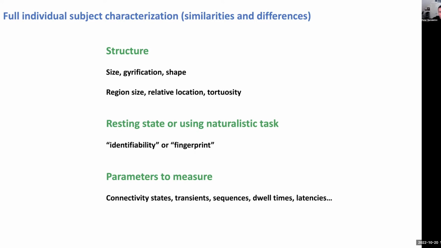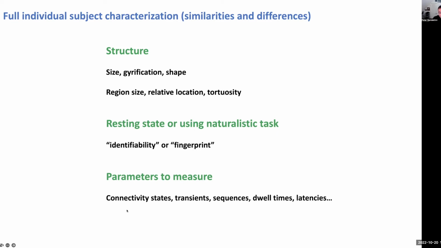Once again, Emily Finn is trying to develop these sorts of paradigms, and I think identifying these traits is promising. The whole idea of having a fingerprint, or identifiability of the individual subject, being able to separate them from the rest and then make a statement about them, I think is powerful.